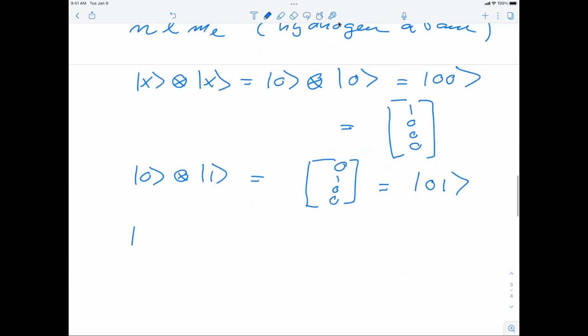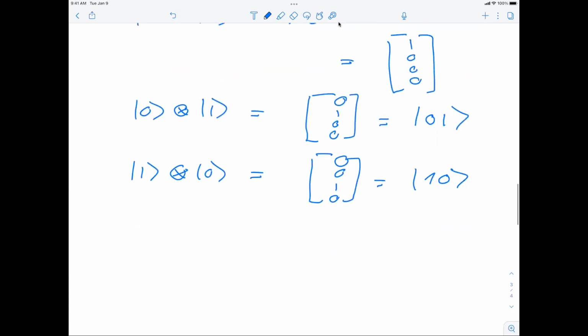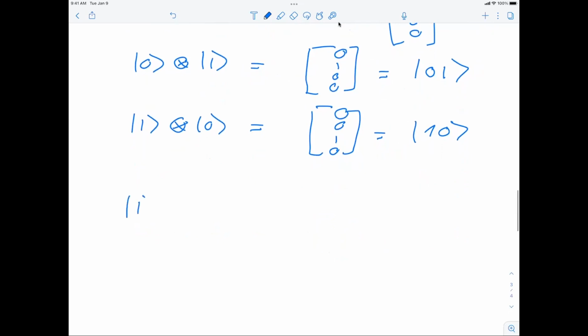And similarly, we can do 1 with 0, and that's going to give us a new state, 0, 0, 1, 0. And this is something we could label as 1, 0. And then finally, we would have 1 and 1. And this is something which becomes 0, 0, 0, 1. And this would be 1, 1.